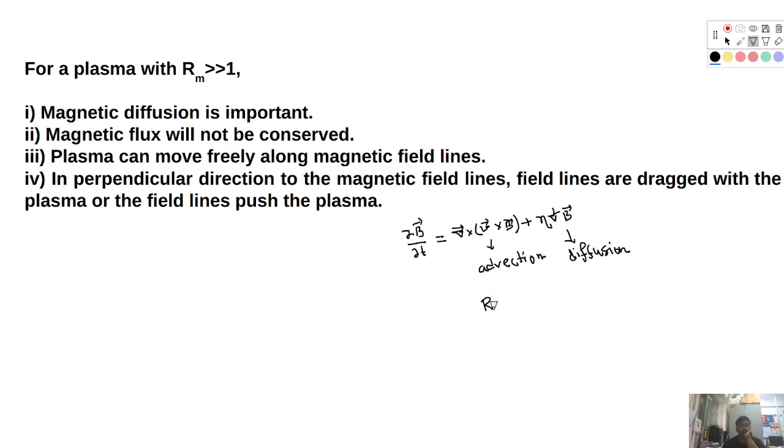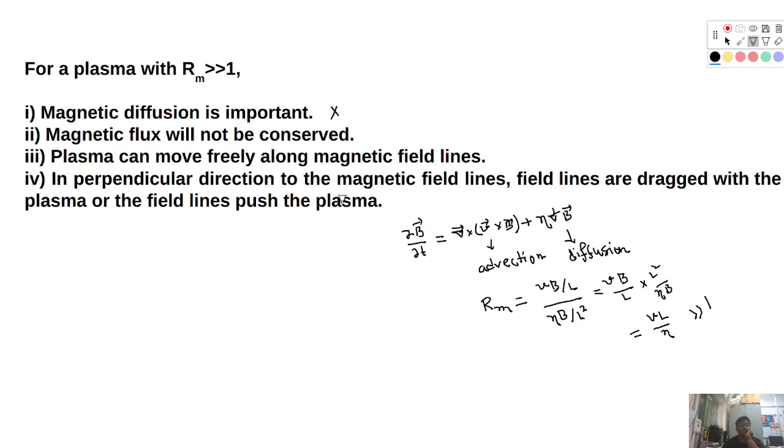Rm is given by the ratio between these, so vB by L divided by eta B by L square, which is vL by eta. So if Rm is greater than 1, that means vL by eta is greater than 1. Magnetic diffusion depends upon this eta term, so it means your magnetic diffusion is not important. It can be negligible.